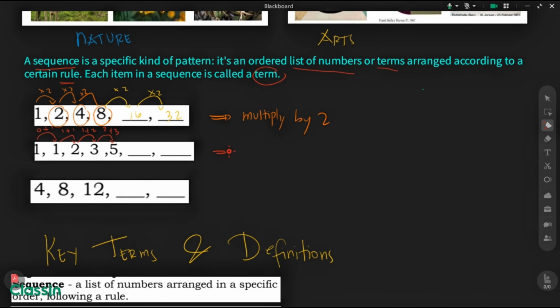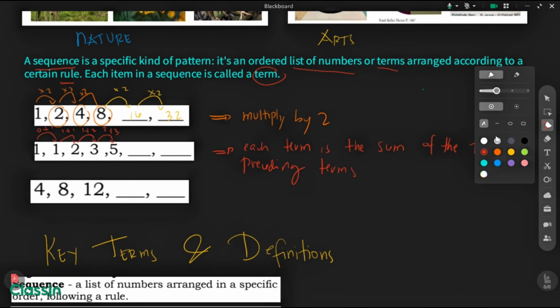So as you notice, each term is equal to the sum of the two preceding terms. Each term is the sum of the two preceding terms.